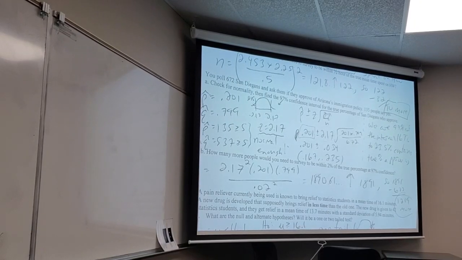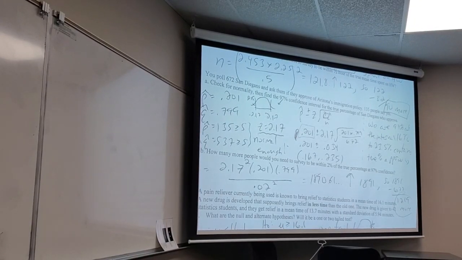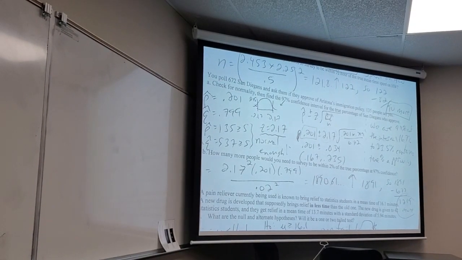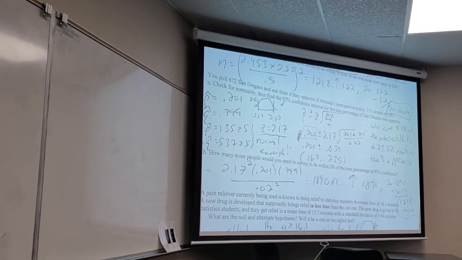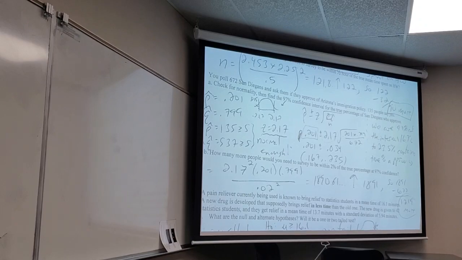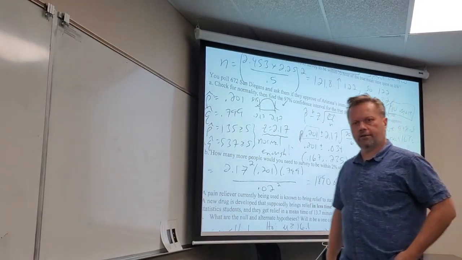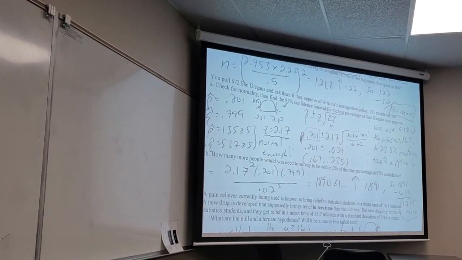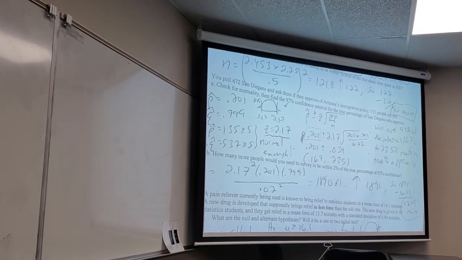You need everything in there. 0.201 times 0.799 divided by n. There you go. So on the old school calculator, the square root doesn't grow. You just have to not close that parenthesis. The minute you close it, you're outside of the square root.